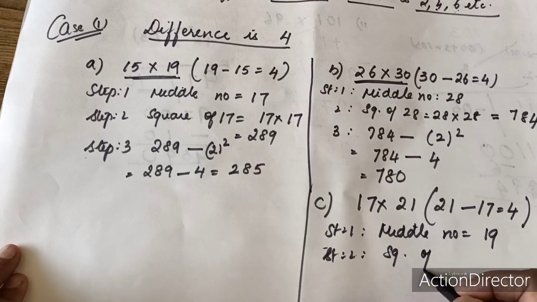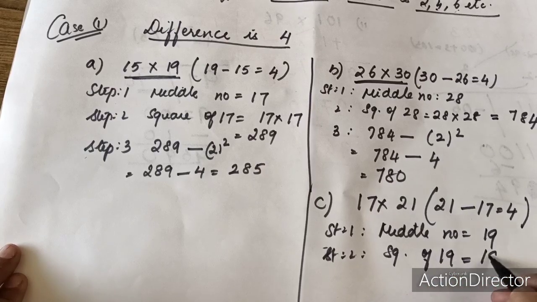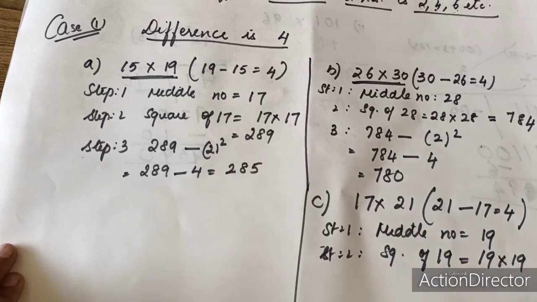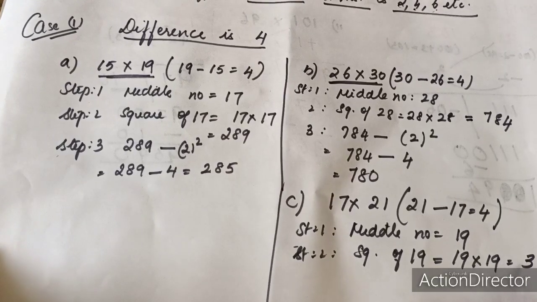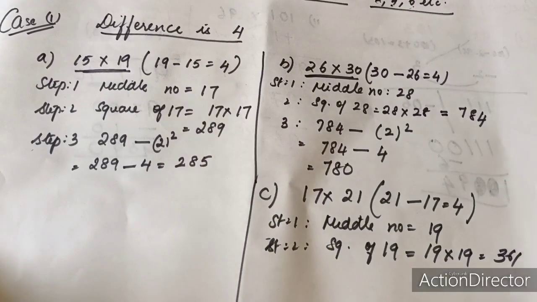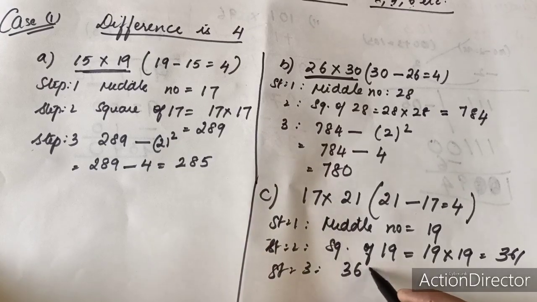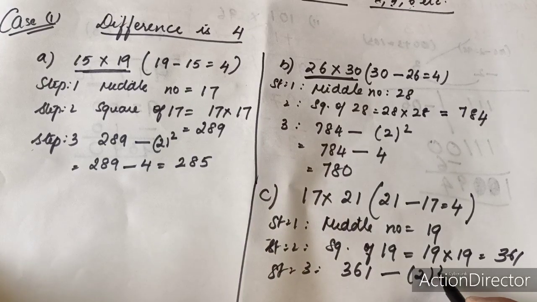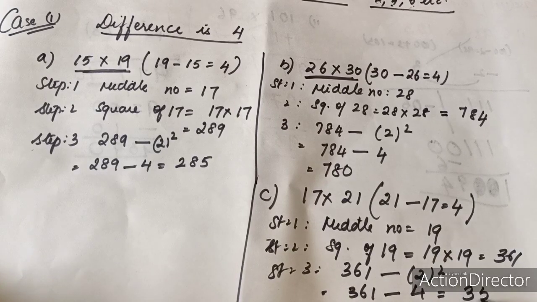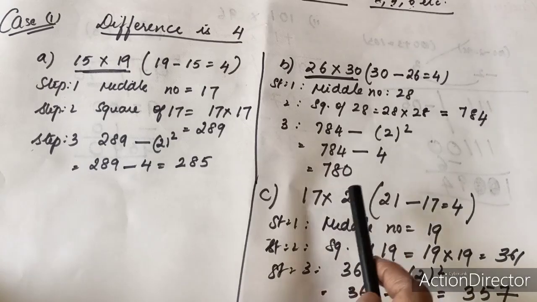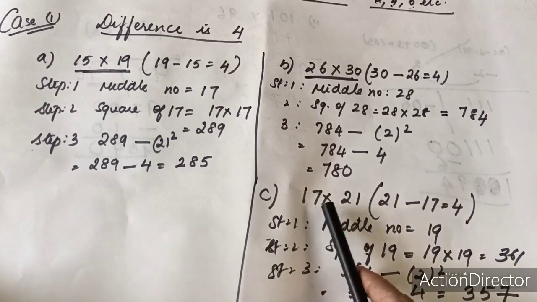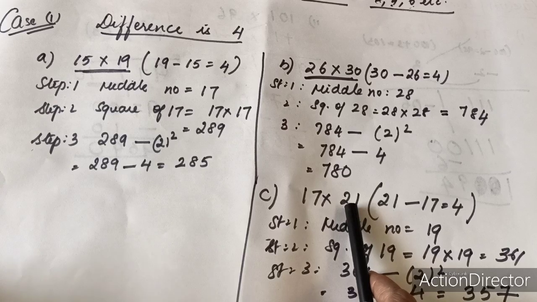So square of 19 is equal to 19 multiplied by 19, which is equal to 361. And step 3 will be equal to 361 minus 2 square. So that is equal to 361 minus 4, which gives me 357. You can also do the traditional method and find out the answer for 17 into 21.